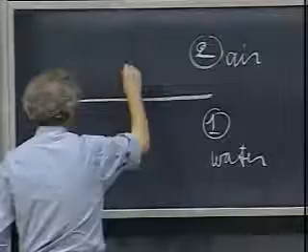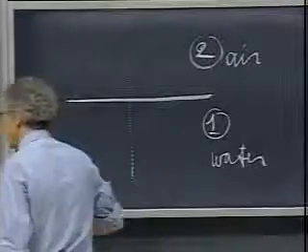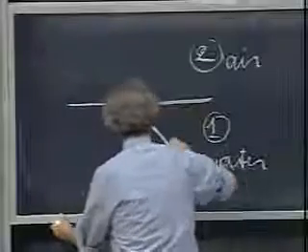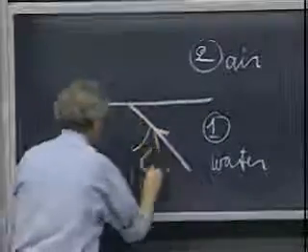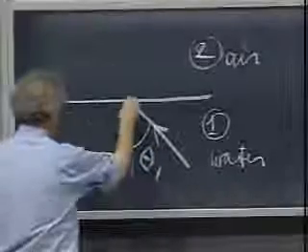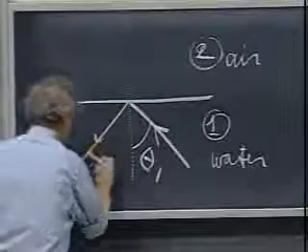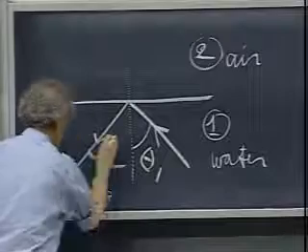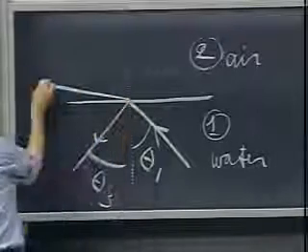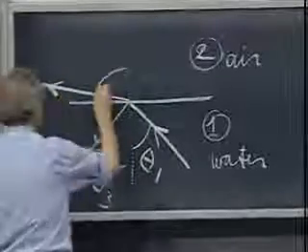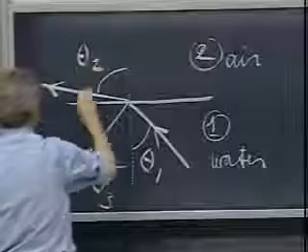And so now, I go from here to here, and so here I have my angle of incidence, theta 1, and here I have my angle of reflection, that is this theta 3, and now here I have my angle theta 2.